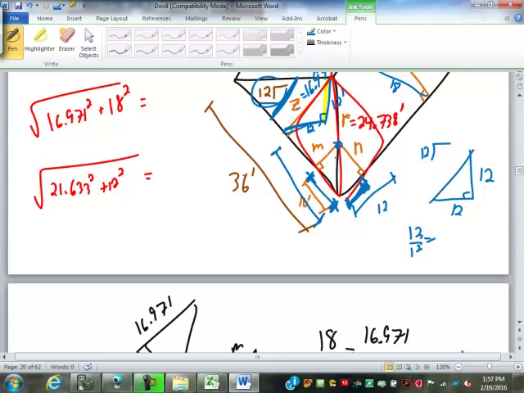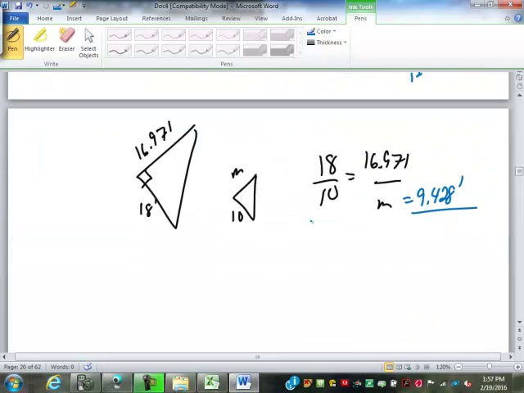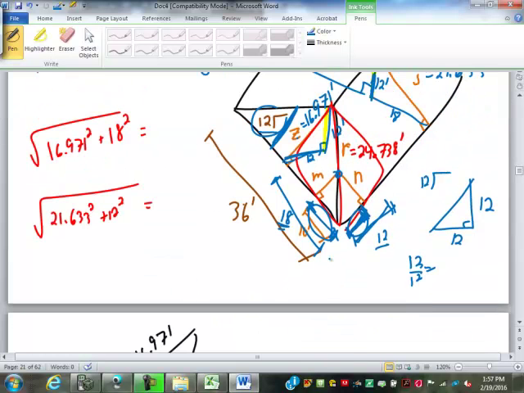No. But we do know this is 18 feet here, right? The center. This is 12 feet. The ratio between the half span and the setback is the same as the ratio of these distances. So I'm just going to use those ratios. 18 over 12 equals M over N. Actually, the other way around.